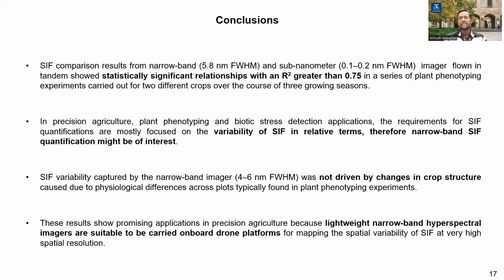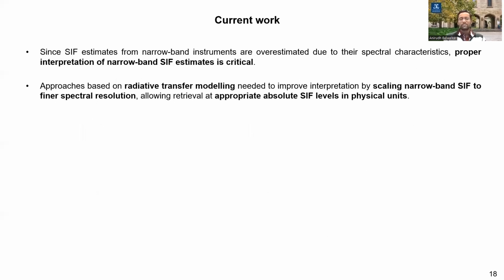Additionally, the lightweight nature of these narrowband imagers makes them suitable for use on board drone platforms for precision agriculture applications that require high spatial resolution data for mapping the SIF variability across the experimental field. Since the SIF estimates from these narrowband hyperspectral images are overestimated, their interpretation becomes very critical, especially for plant physiology monitoring assessment.